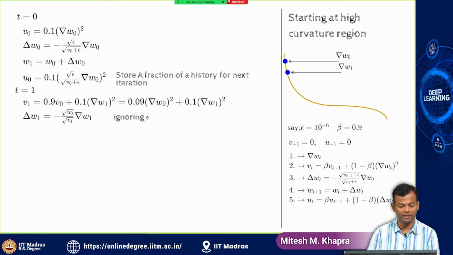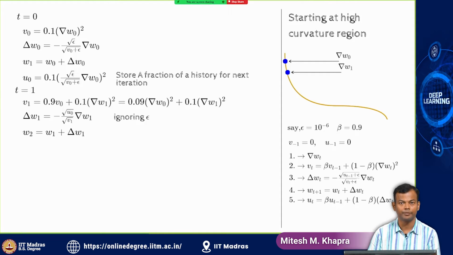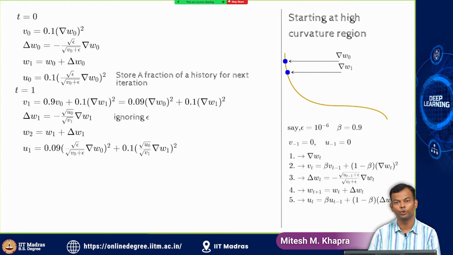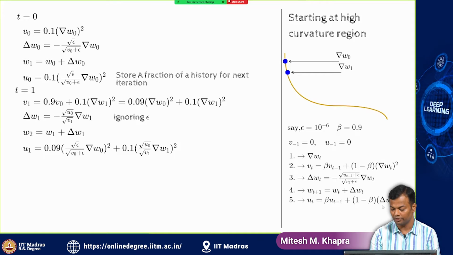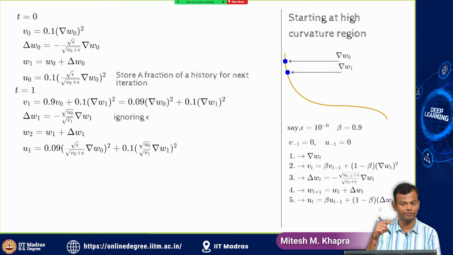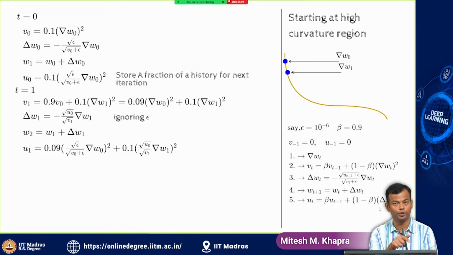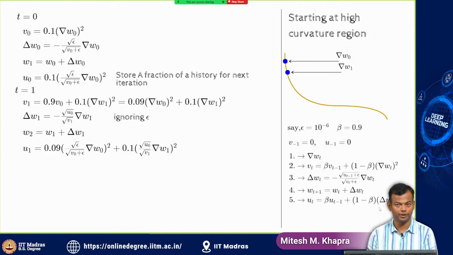So this is what the update is. I make this update and then I compute U1, right? And again U1 is a function of deltas, remember, but the deltas in turn are functions of the nablas. So I just put those values appropriately and I have computed this, right?